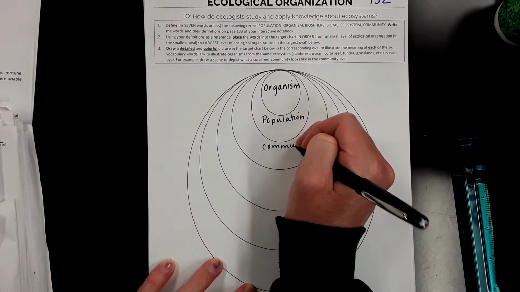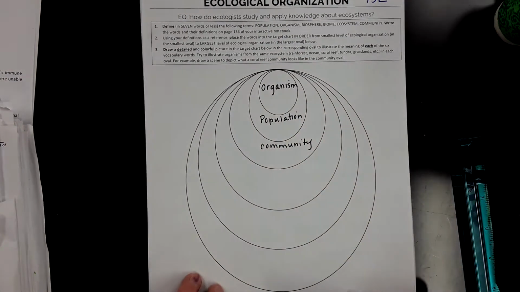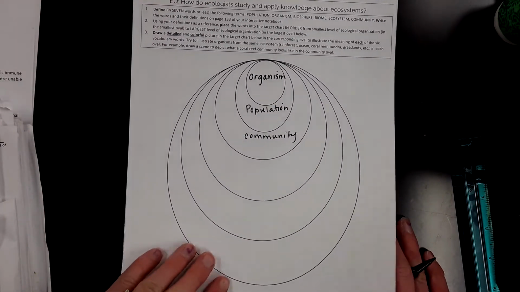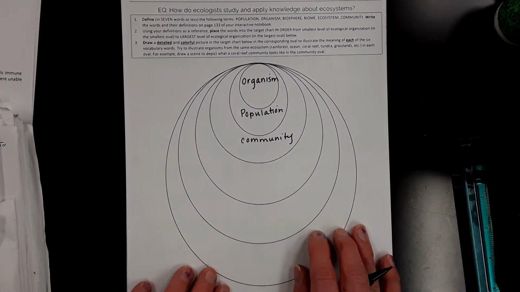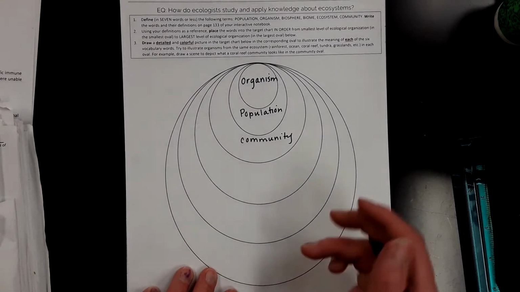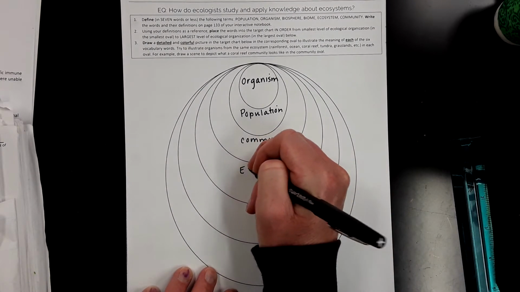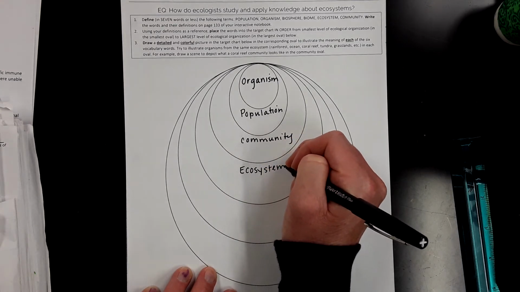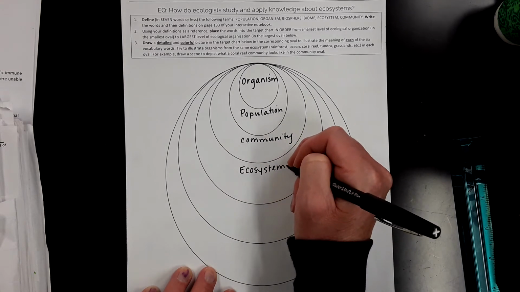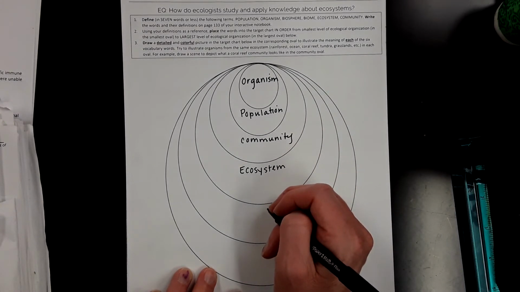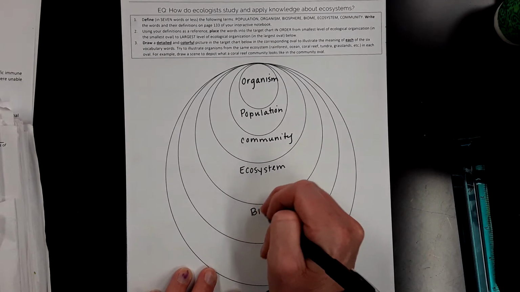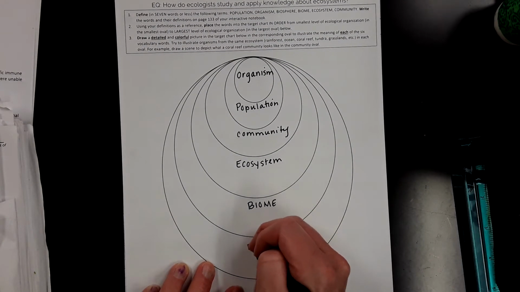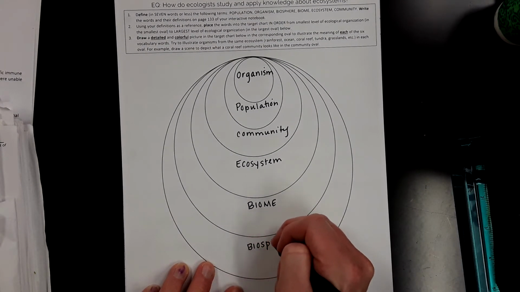So the community is all the living things, all the biotic factors in the area. Larger than the community is the ecosystem. The ecosystem consists of the biotic and the abiotic factors. The biome is all of that type of ecosystem. And then the biosphere is all of the earth.